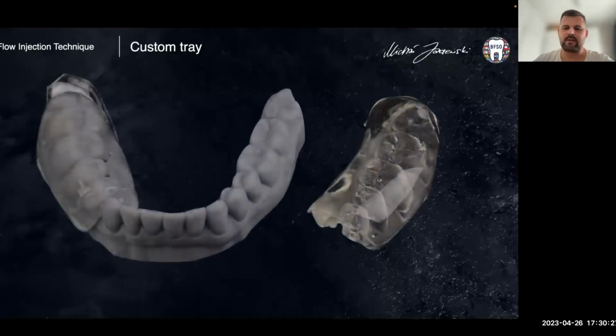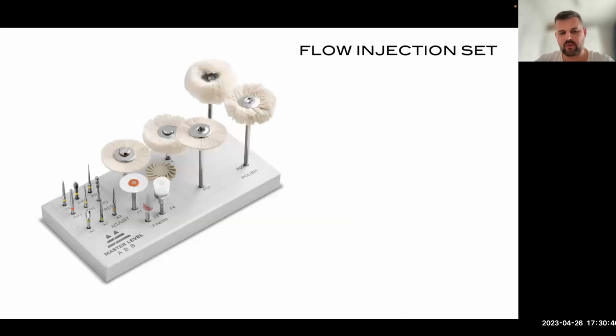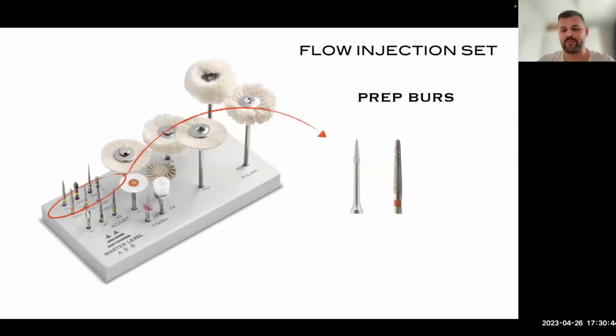Okay, so in that way, we receive what I call a silicone index for the posterior part with holes. Of course, in this flow injection set, you have the burrs for this. You can use these two burrs to make these holes.